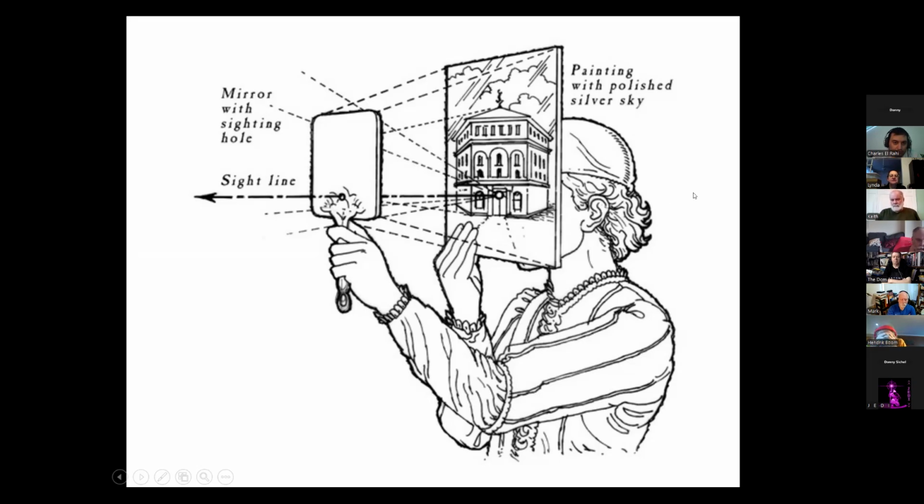Then he would ask people, "What do you see?" And in both instances, they would say, "We see the Florentine baptistry," because it looked right. The drawing looked like the building looked in real life.